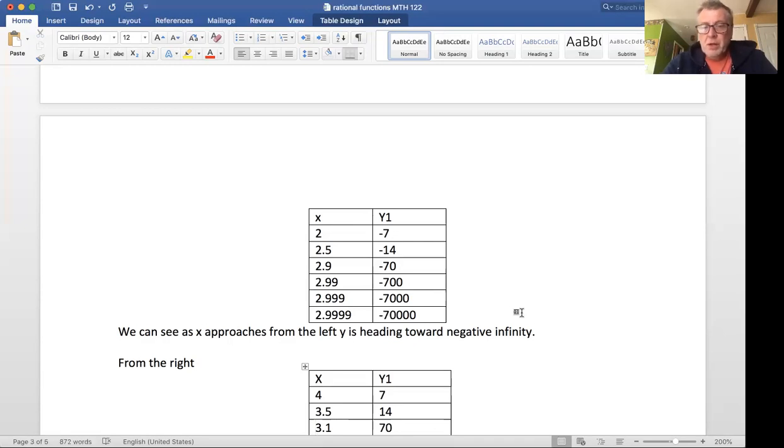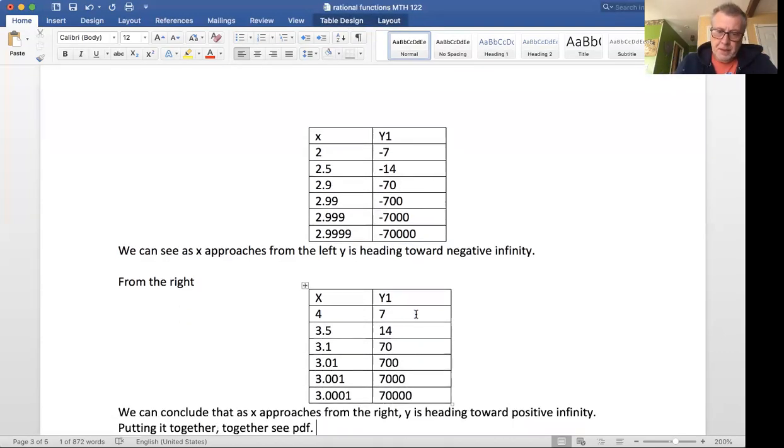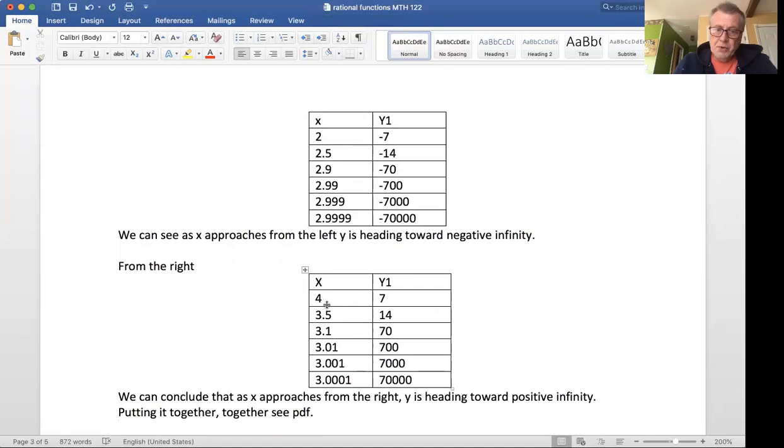We can see as we get closer and closer to 3 from the left, y tends toward negative infinity. If I approach it from the right, I go down toward 3, and we can see that y gets larger and larger. So as I approach from the right, y goes to positive infinity.